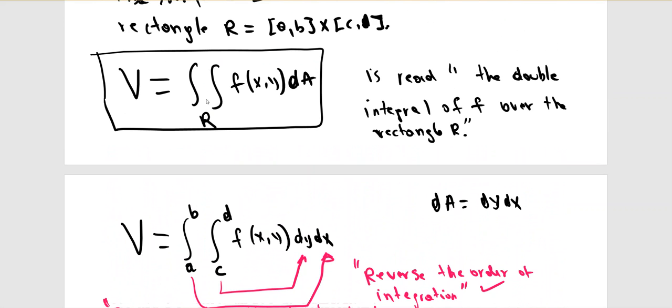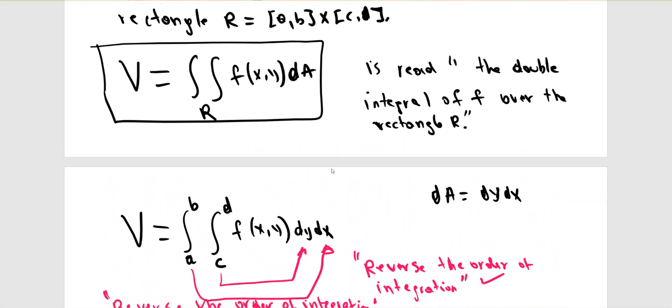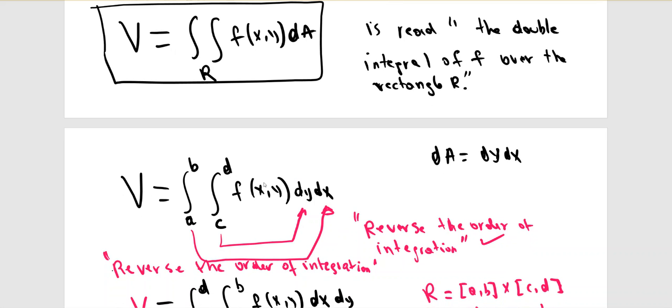One way to express this double integral, where you don't have limits of integration, is to actually write the limits of integration. For example, we know the limits for y are between c and d. If we decide to integrate with respect to y first, then the inner integral is going to be from c to d, with respect to the y values. And then with respect to dx, you have a to b as the limits of integration of the last integral.